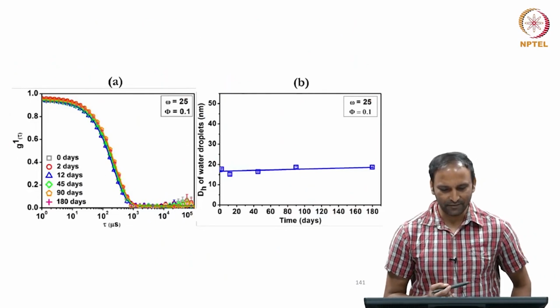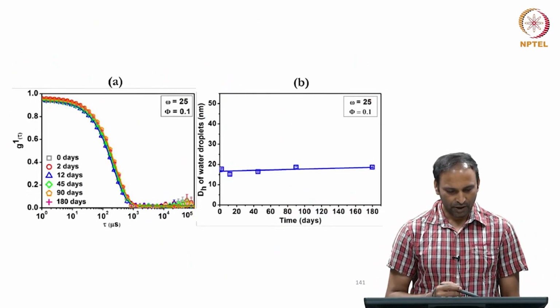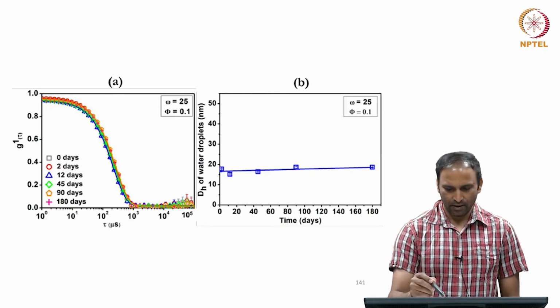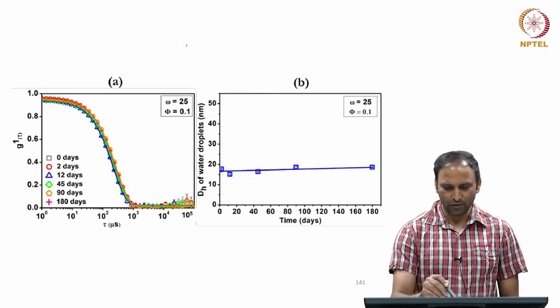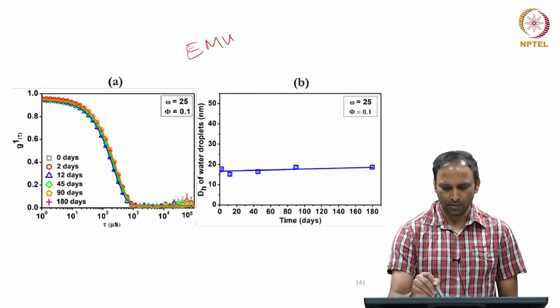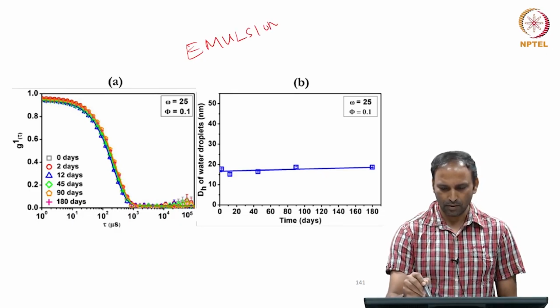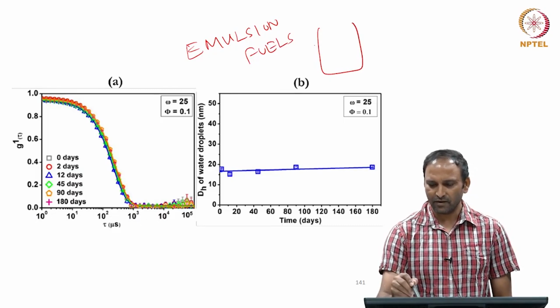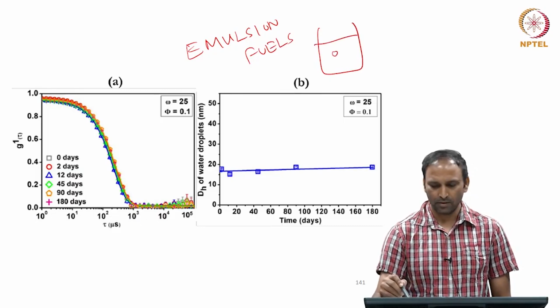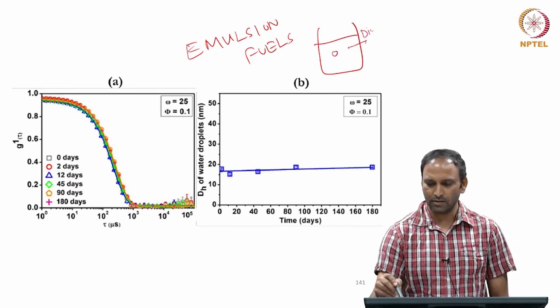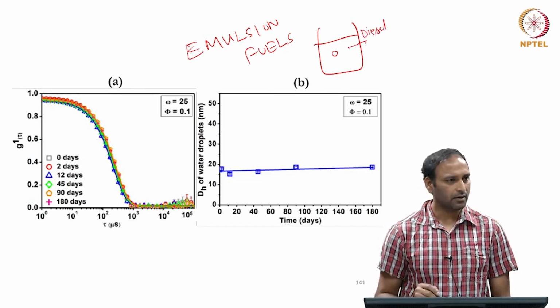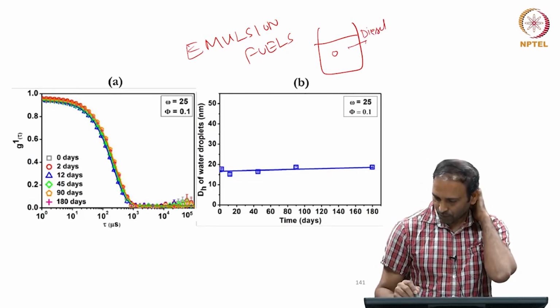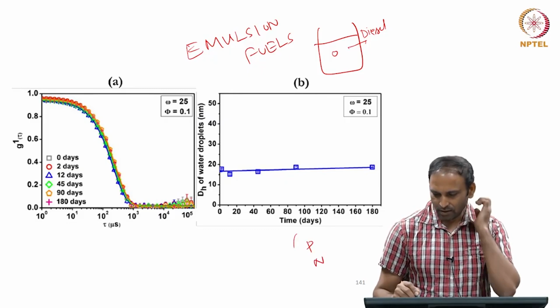So, this is some data where we were trying to look at examples of what are called emulsion fuels. These have very tiny water droplets in diesel. This is work done in our lab with Preetika and Nikit.